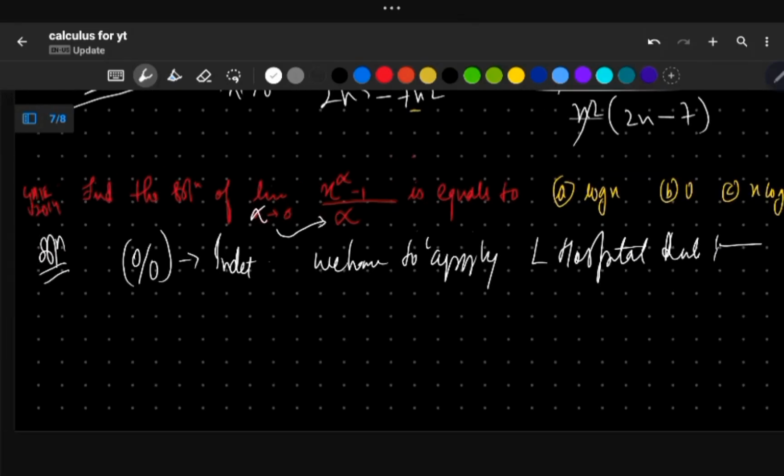After that, we take y equals limit alpha tends to 0, x power alpha minus 1 by alpha.